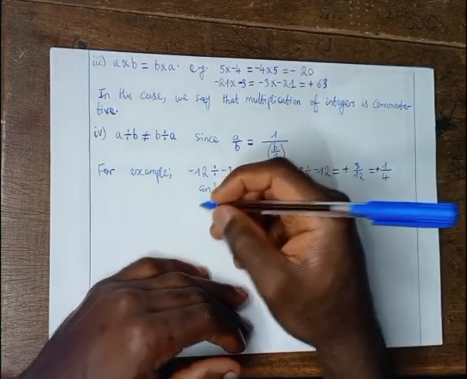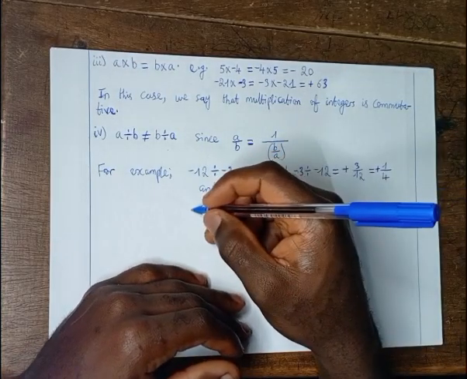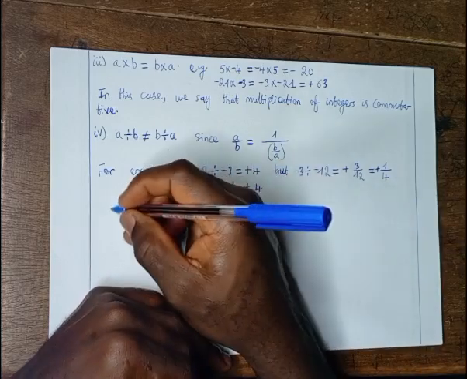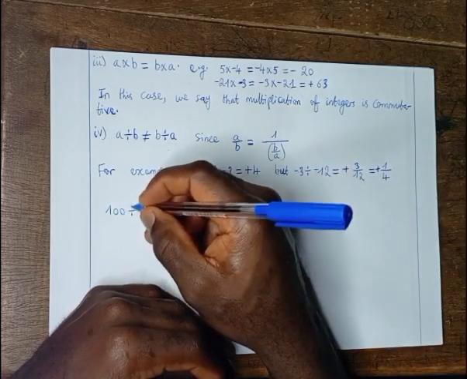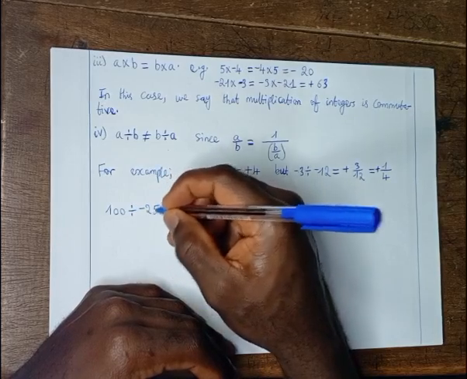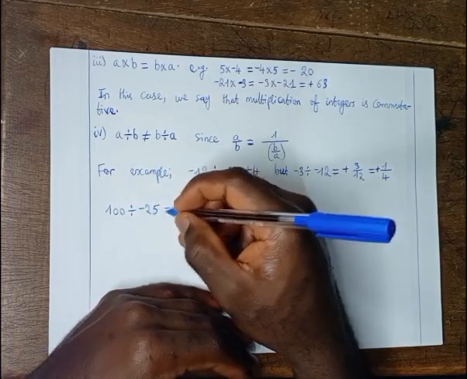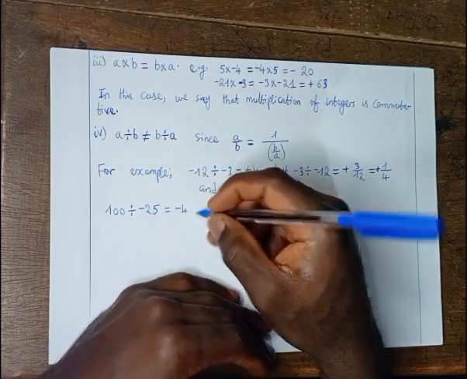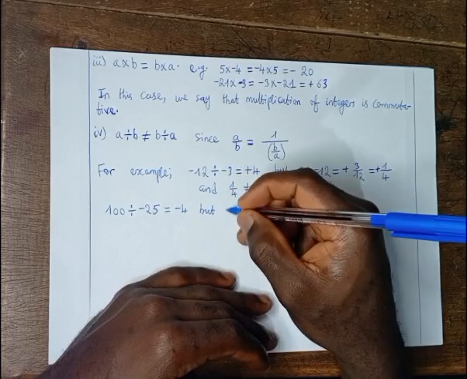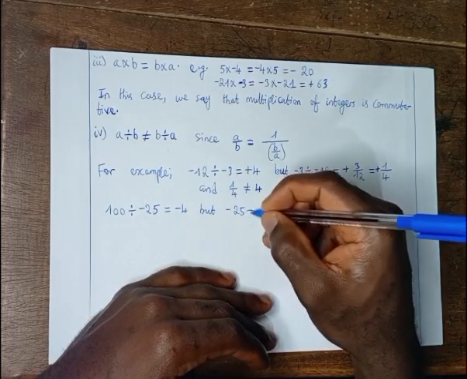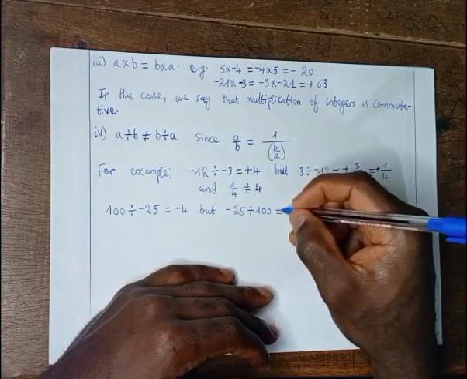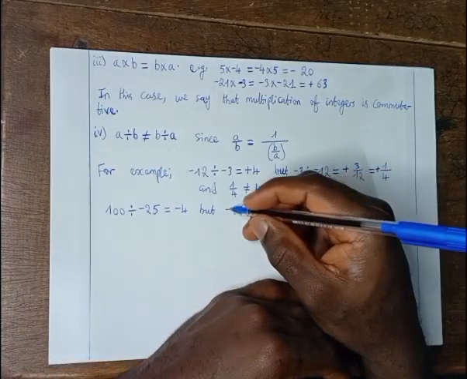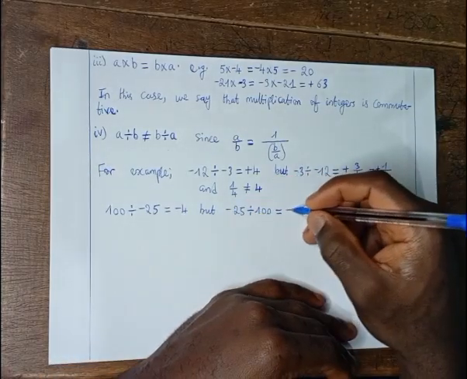Let's take another example. If we take 100 divided by negative 25, this will simply be equal to negative 4. But negative 25 divided by 100: when we divide a negative number by a positive number, the result will be negative.